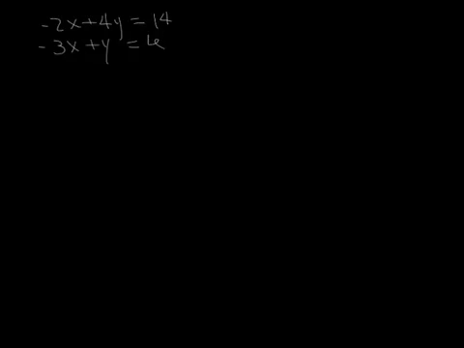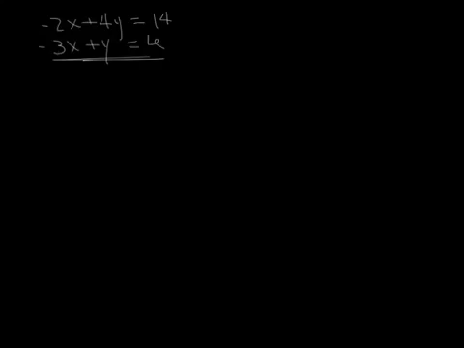In this case, this one down here looks the easiest, and the reason for that is there's no number in front of the y. If I have one of these letters that is by itself, that is what I'm looking for. That's what I'm going to try to get by itself, because then I can just move this over here, and then my y is by itself. If there's a number in front of it, you can still do it, but it just takes an extra step.